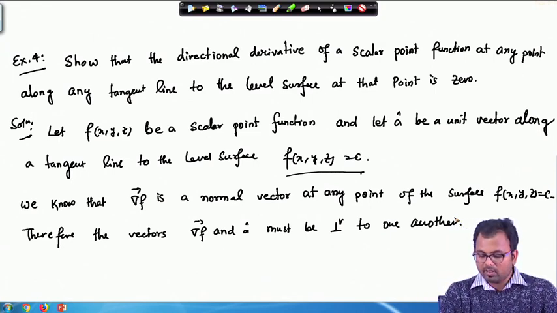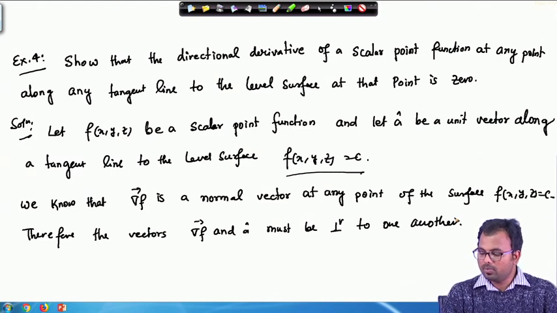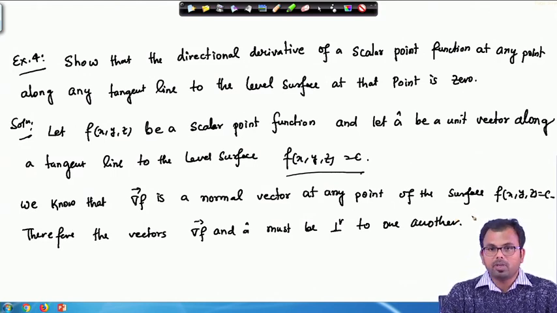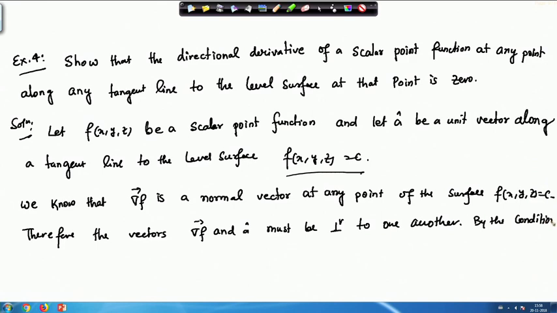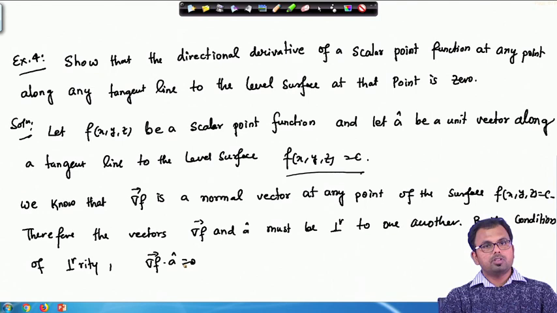Therefore, the vectors gradient of f and a cap must be perpendicular to one another. From the condition of perpendicularity, we have gradient of f dot a cap must be 0, because they are perpendicular to one another, so their dot product must be 0.